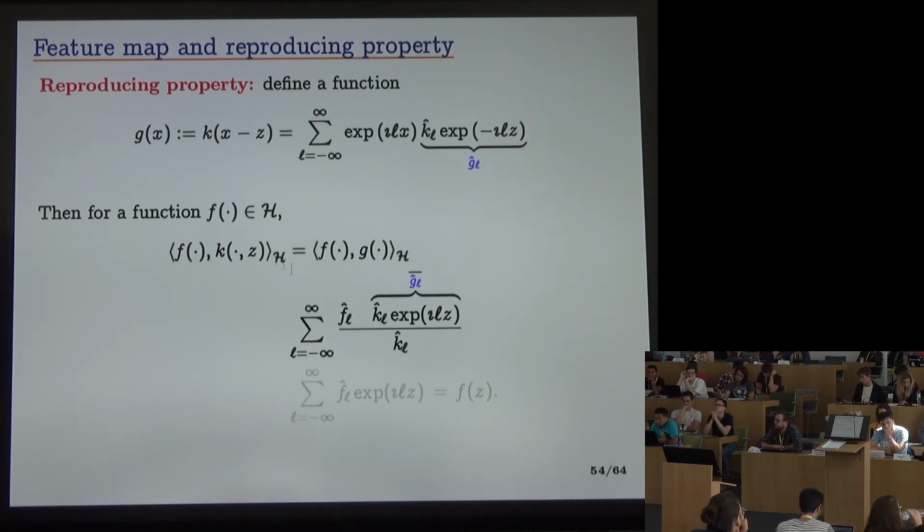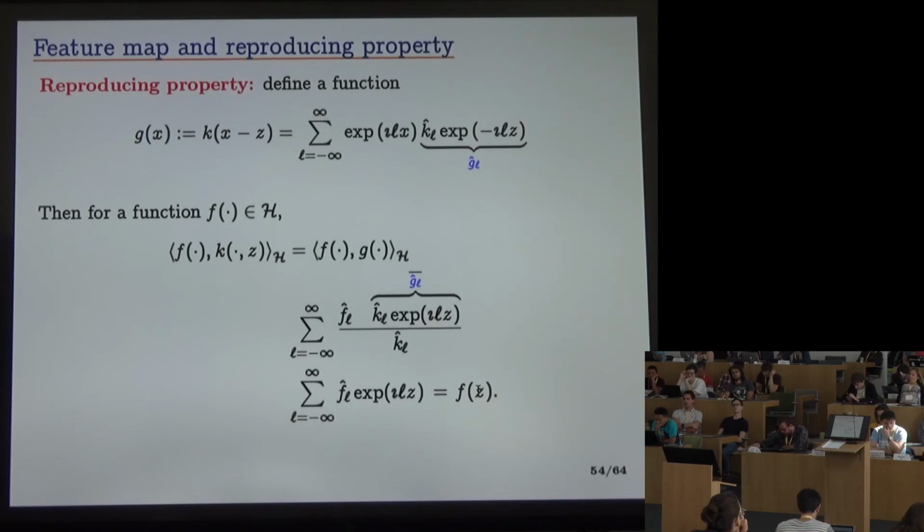Coefficients of k dot z, well, these are k hat, e to the square root minus 1, L, z. Complex conjugate, so the minus sign here is flipped to a plus. And then I've divided by k. Well, this is nice because the k's cancel. And now I've just got the Fourier transform of f, which is f of z.